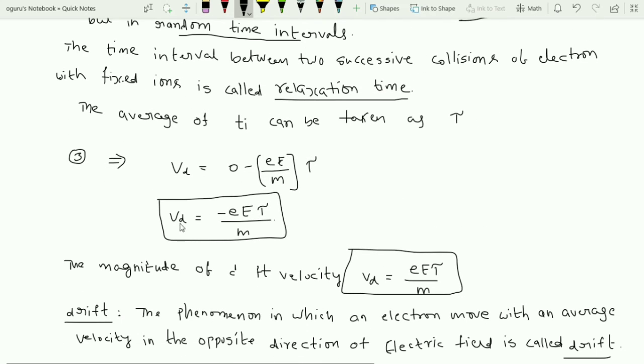From this, the drift velocity expression is Vd equals minus e tau E by m, where e is the charge of the electron, capital E is the electric field, tau is the relaxation time, and m is the mass of the electron.